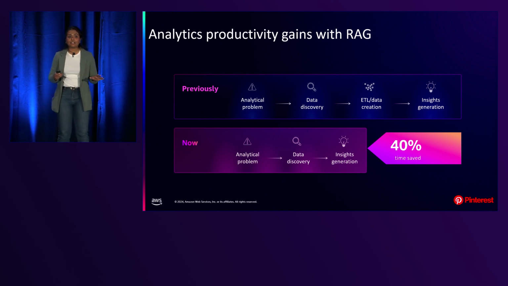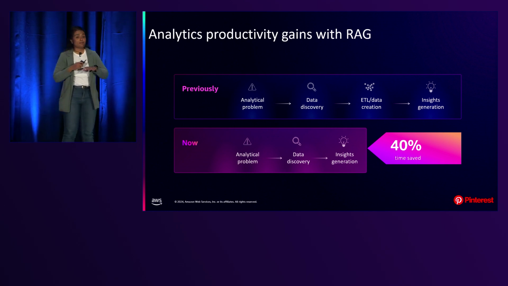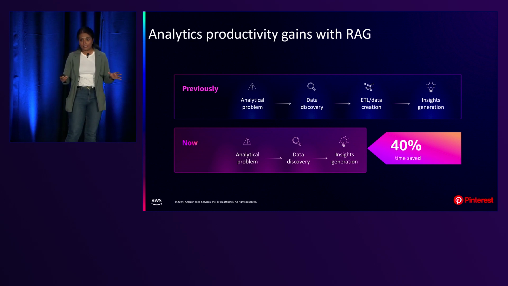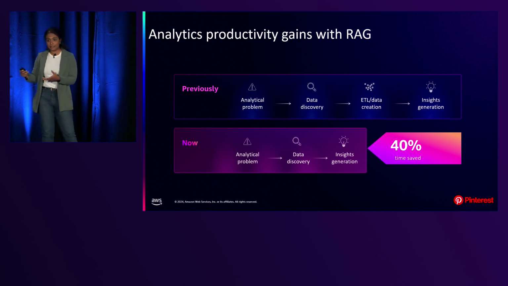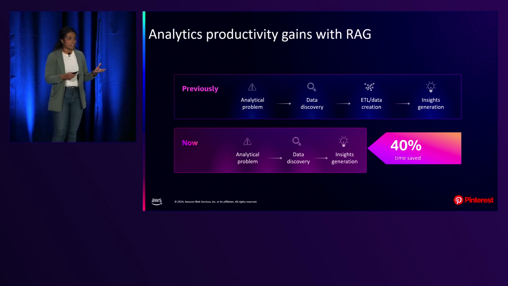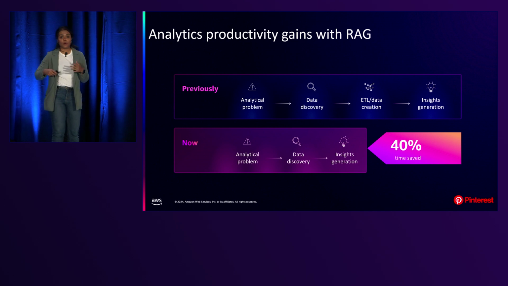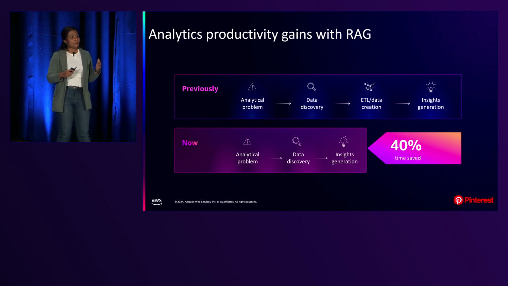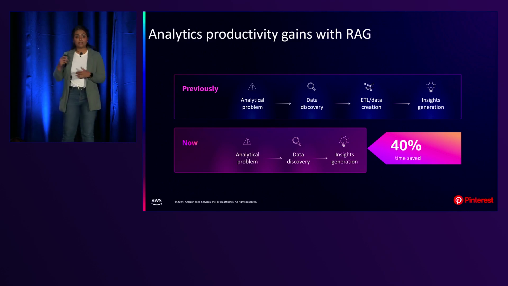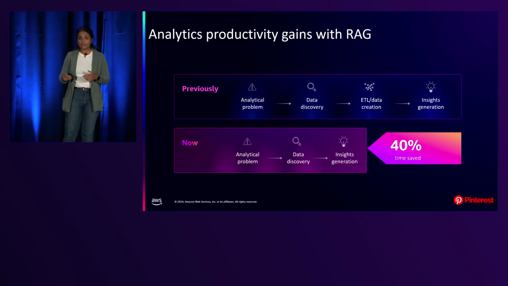Now, on any given day, their data engineers have many different questions that they need to answer. Pinterest wanted to take these questions, these are text-based questions, and convert them into SQL-based queries. So with the help of large language models and this RAG workflow on their existing data in S3, they built out query tools that were able to convert text-based questions into SQL queries. And these query tools improved the productivity of their data engineers by almost 40%.